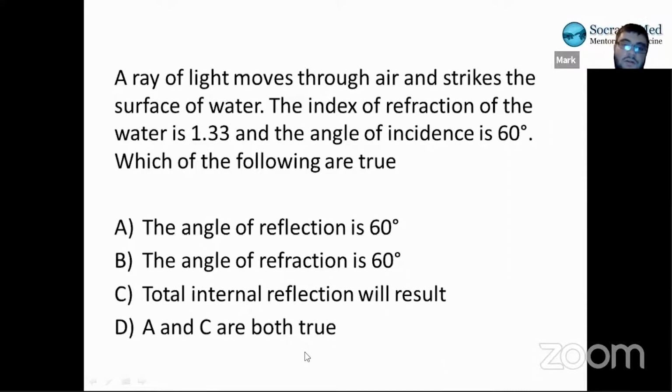Please take another 30 seconds or a minute to answer this question. Okay, I'm going to end the polling.